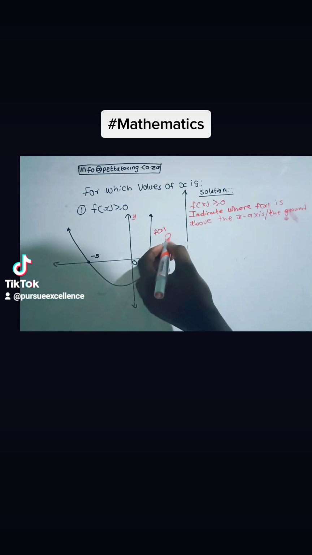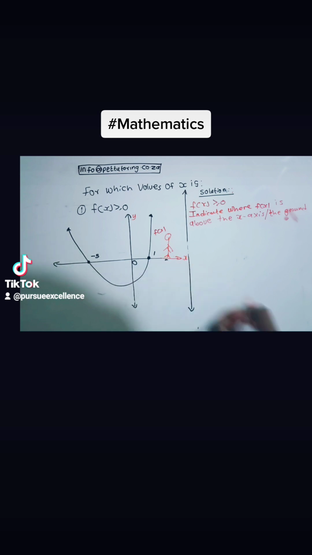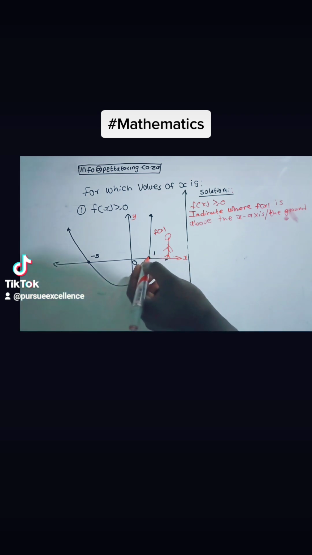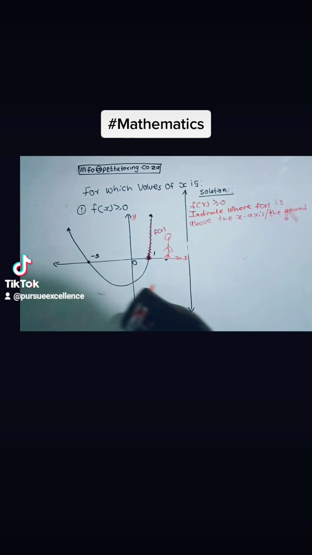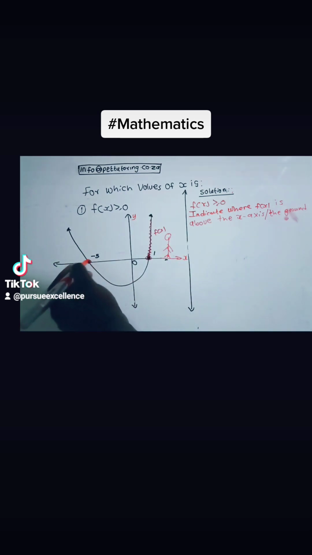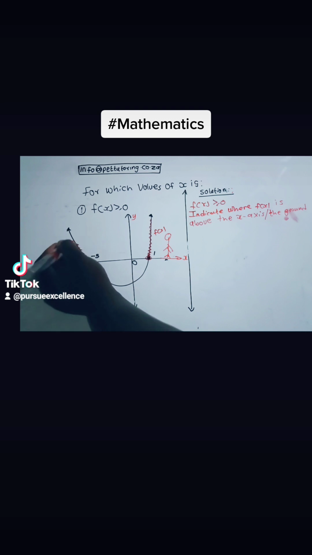So if we decide to put one child here moving along the ground, right, so moving along this x-axis, and this child is observing the graph, she will only see the graph from +1 going upwards. She will then again see this graph this side from -5 going upwards.